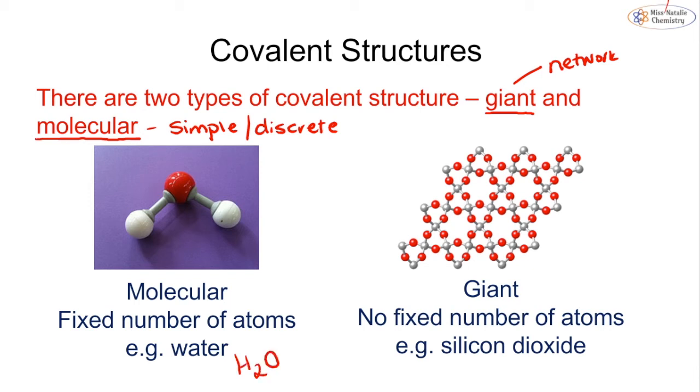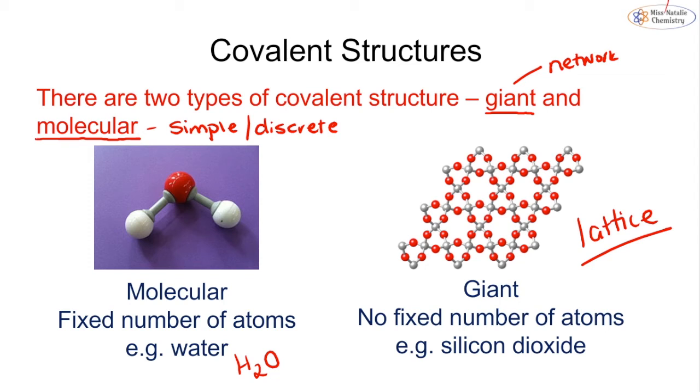Comparing that to then giant covalent, this is when we have no fixed number of atoms. So we have this lattice structure being formed. And we met the lattice structure back in ionic bonding when we looked at the ionic lattice, and we said at the time that they can have varying numbers, and the same concept applies to giant covalent.